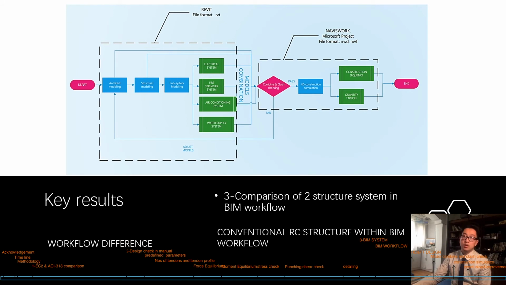Next, I want to talk about the workflow that I developed for two structure systems: the conventional RC structure system in BIM workflow, and also post-tension under the BIM workflow. Basically, both workflows are quite similar. First is the RC workflow. It all starts with structure design.